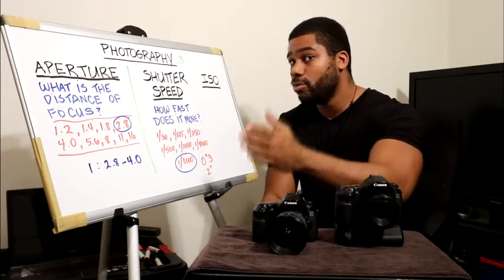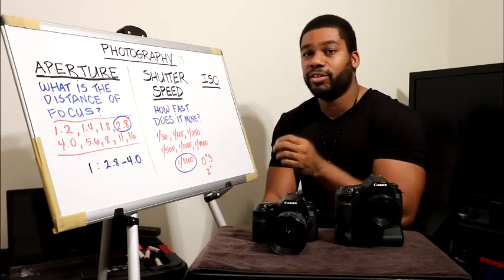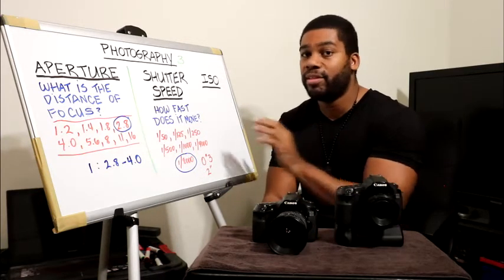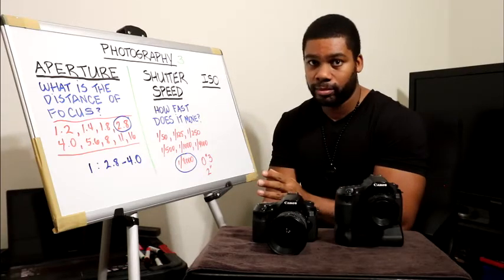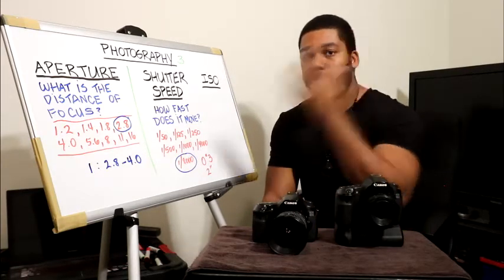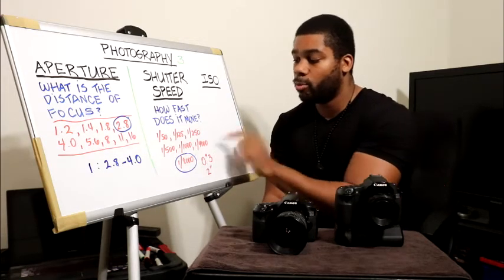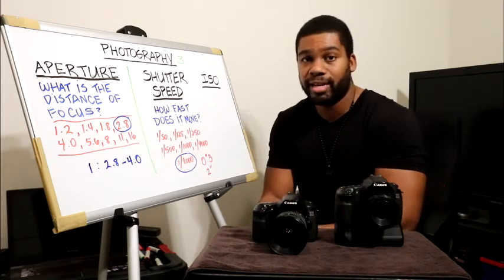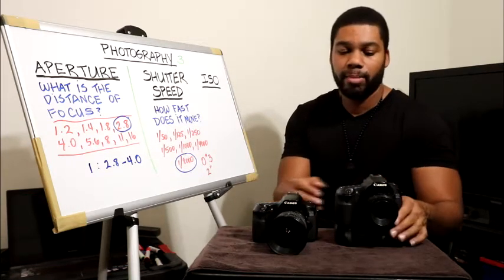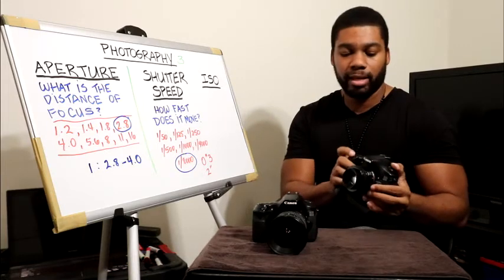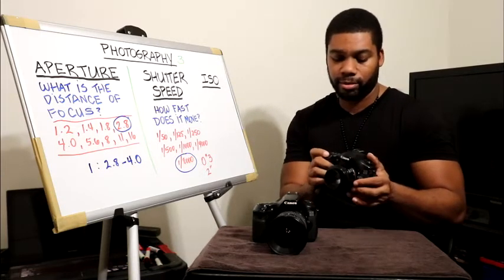The faster it moves, you have to have a faster instance of time than the thing moving to freeze it. So if I'm making this motion right here, I perhaps would need maybe 1 in 1,000, 1 in 4,000 perhaps to slow that down. Maybe I can give you an example of that.